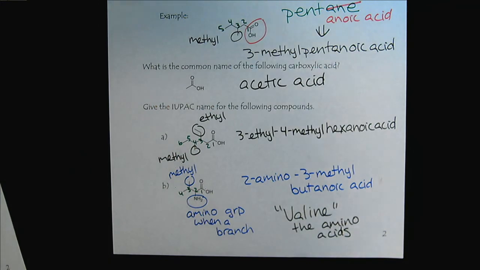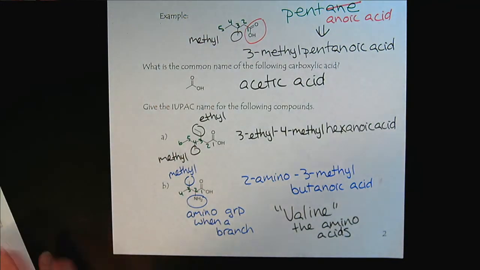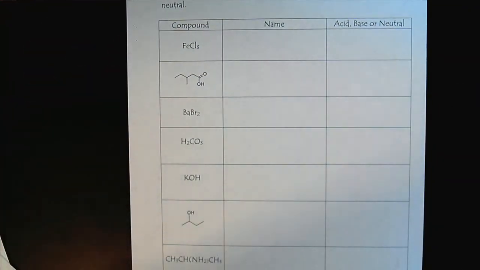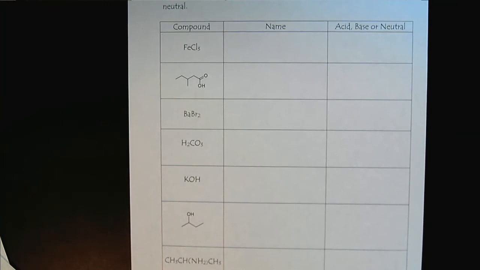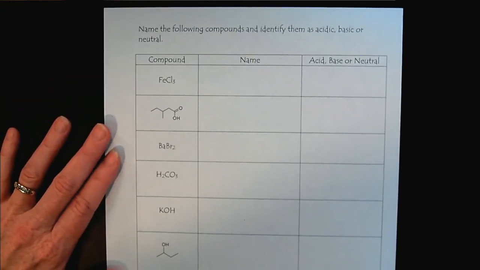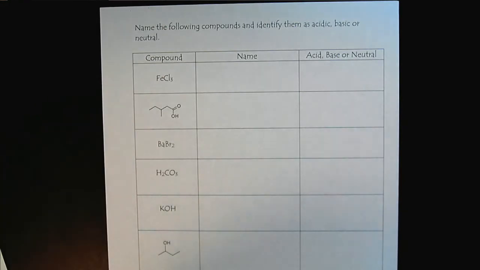Okay, now that we have reviewed and introduced different aspects of acid nomenclature, we have a review page here. So this would be a good time to pause the video and fill in this table as best you can, and then we can compare answers.